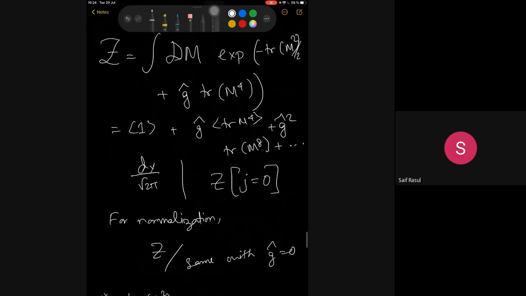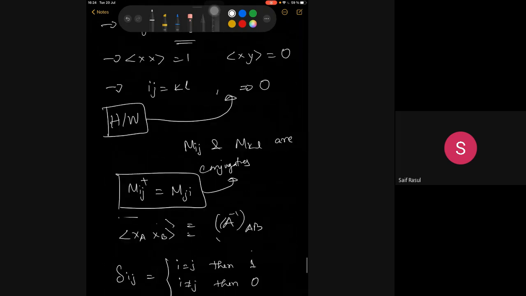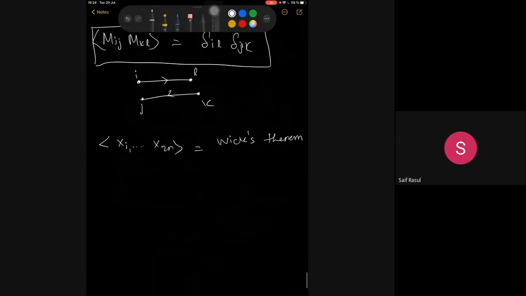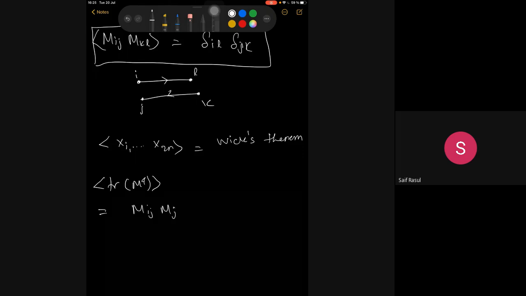So if you want to calculate the first term like this, what you can do is break down the m's and use Wick's theorem.